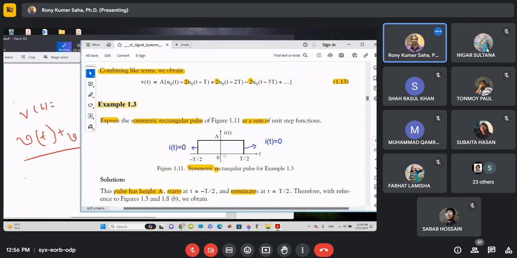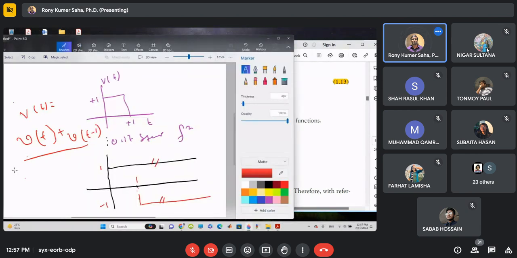So one starts in advance, right? So it's actually u of t plus t over 2.